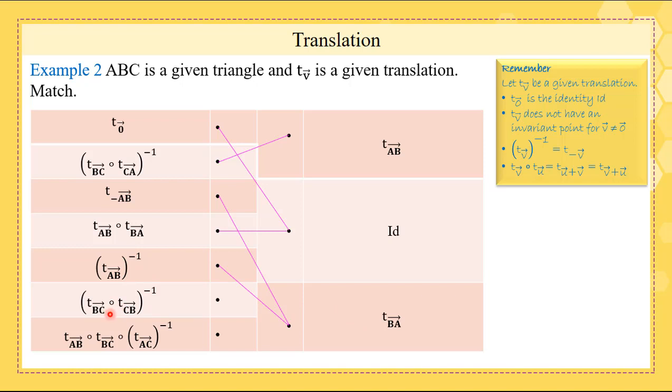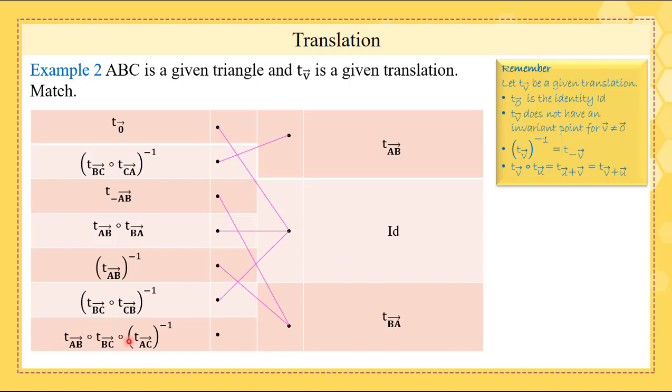Here let us analyze between brackets. Translation by BC vector round the translation by CB vector is a translation by the vector BC plus CB vector, which is the translation by BB vector, which is equal to the translation by zero vector. So the inverse of the translation by zero vector is the identity.